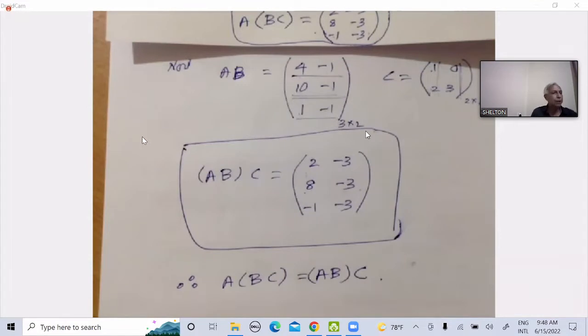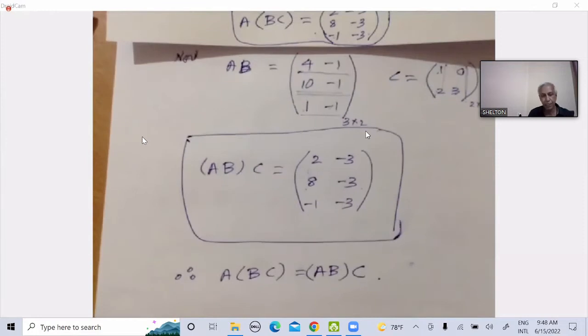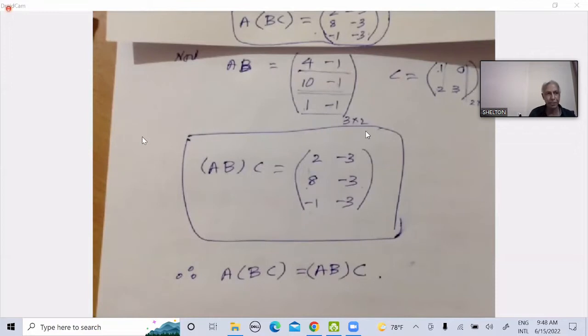Now, let me write down the properties of these operations. What operations? Addition, subtraction, multiplication by a number, multiplication by a scalar, then matrix multiplication.